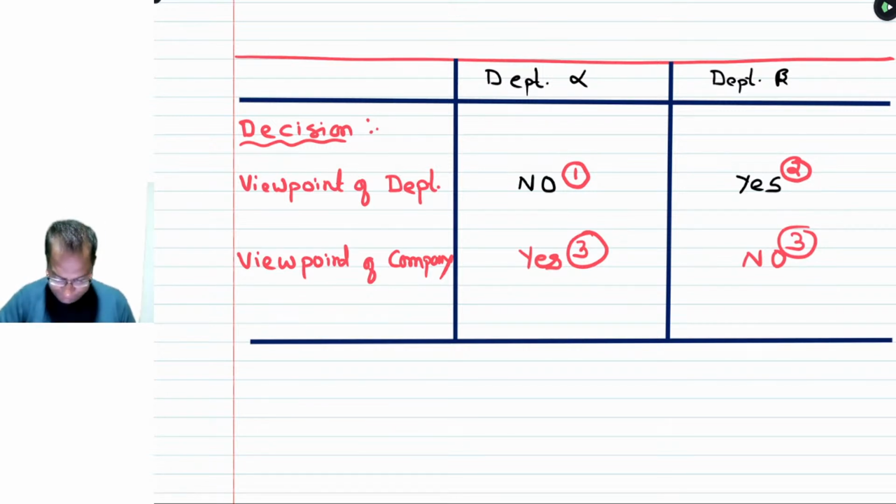Write down point number 3. If ROI of new investment is more than the cost of capital of the company, comma, then the company is interested, then the company is in favor that the department should go for new investment.